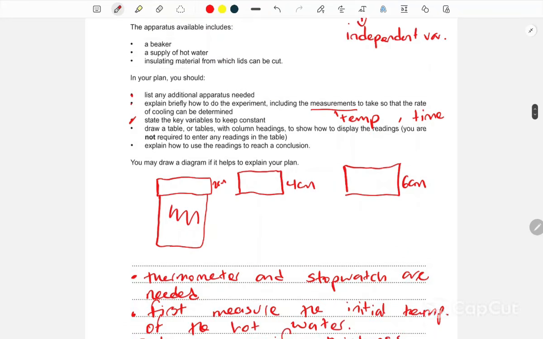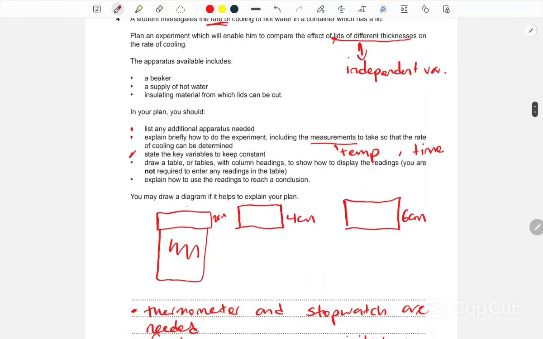And then it asks us, explain how to use the readings to reach a conclusion.